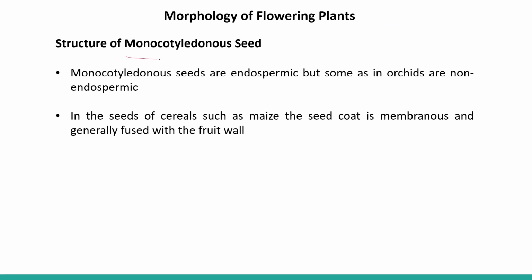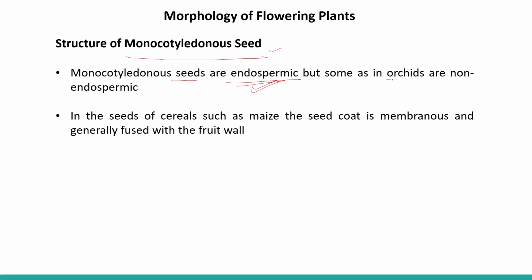Now, the structure of monocotyledonous seeds. Till here we have discussed the dicotyledonous seeds. Now the monocotyledonous seeds. The monocotyledonous seeds are endospermic. Very interesting, they have endosperm, so that is why they are called endospermic seeds.